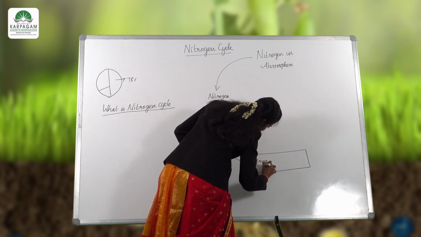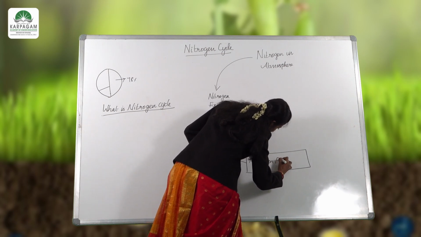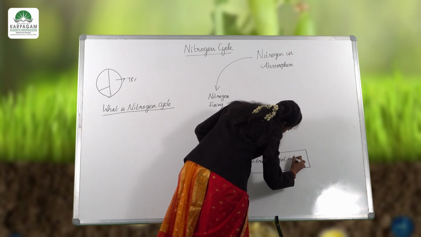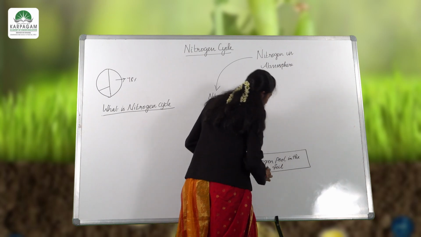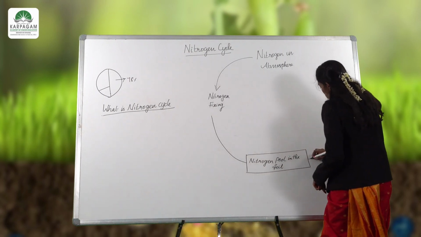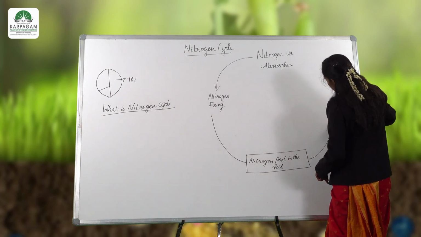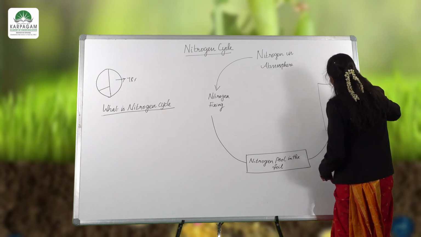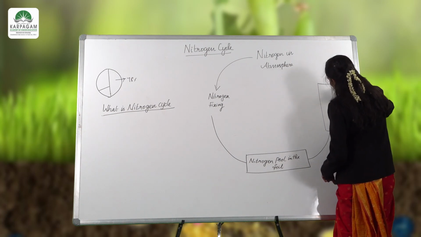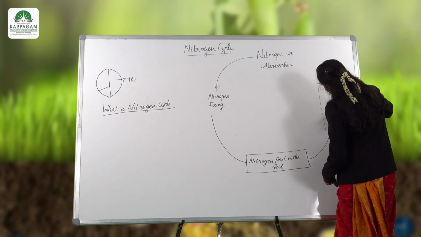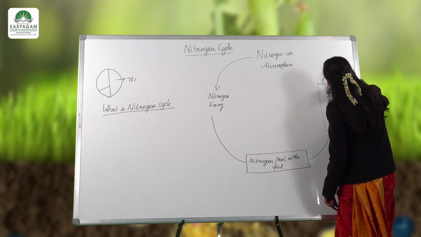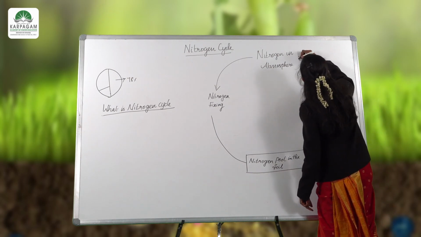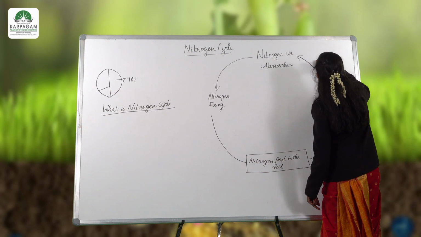Same here, we also have a nitrogen pool in the soil. This is followed by the process of denitrification, and by means of this also we are able to get the nitrogen.